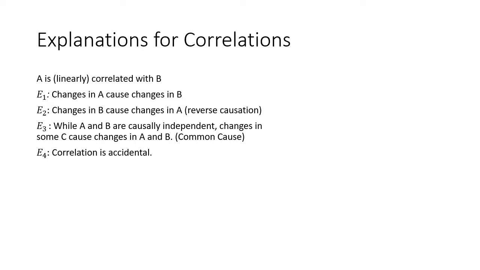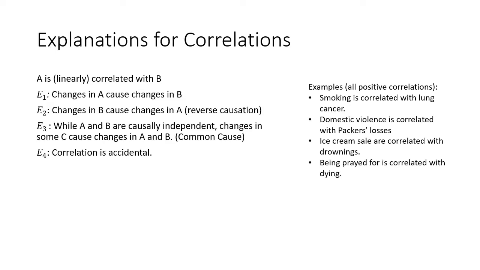And if we have some reason to think that it is, one explanation does rise above the others, then we have some reason to believe that it's true. So here are some examples. We've already mentioned some of these, but here are 4 examples of things where I think one explanation for each is superior to the others.